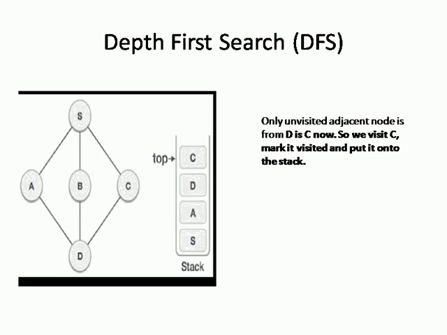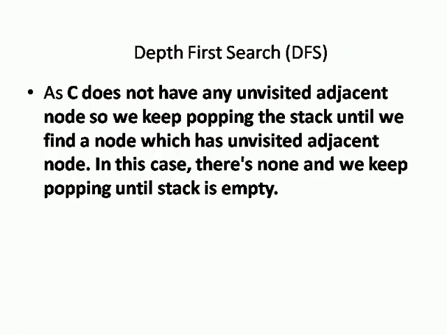So now we go to C, visit it, mark it as visited, and push the node C onto the stack top. The top is incremented by 1, and wherever top points, there the node C is pushed. After pushing C, the contents of the stack are as shown in the figure: S, next A, next D, next C. Now once we visit C, we have reached a dead end.